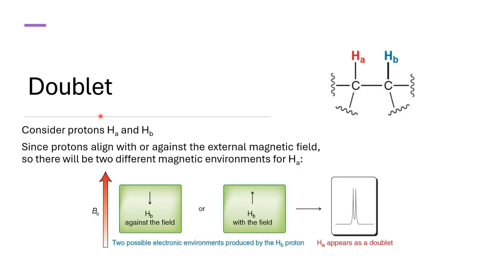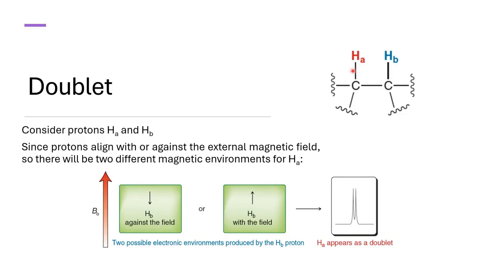Doublet. Let's consider protons HA and HB. HA will have a signal that will be split due to HB. Since HB is only one neighboring proton, n+1 tells us that the A signal is going to be split into a doublet.